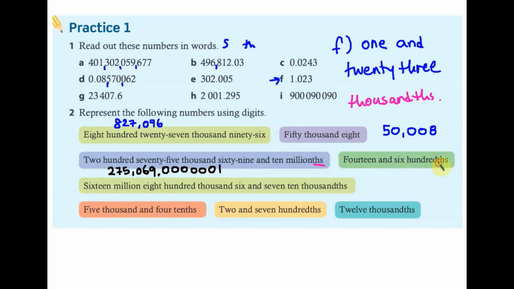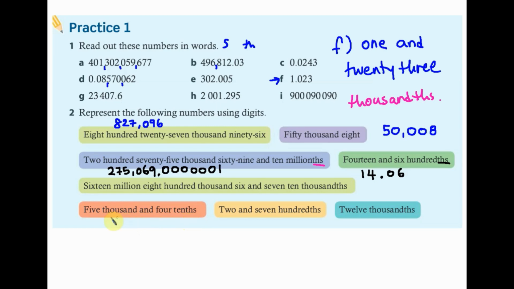If you have this number again, now I'm going to have 14 and 600th with the th at the end. So again, this will be 14 and you have 600th. So I have 0 and 6, where this was representing your 100th. And that's it.